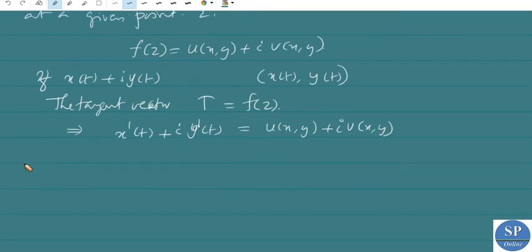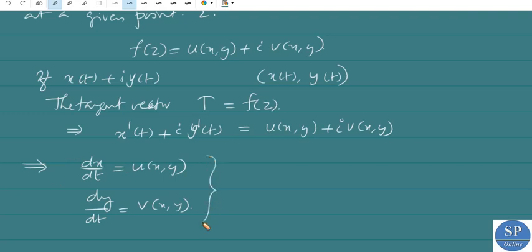Comparing the real and imaginary parts, we get dx by dt, that is x dash t, equal to u of xy, and dy by dt is equal to v of xy. So we have a system numbered as 1.